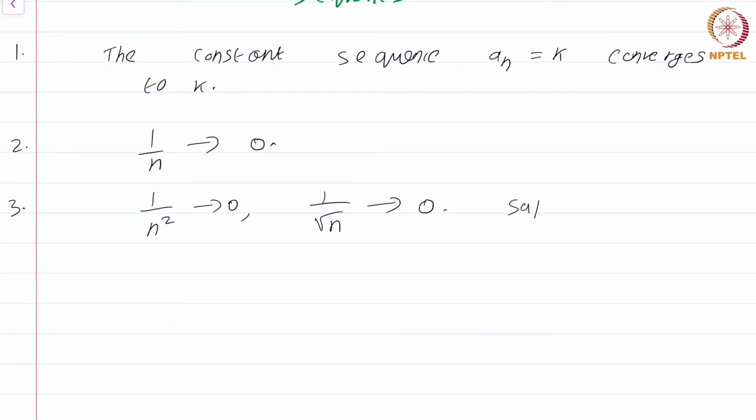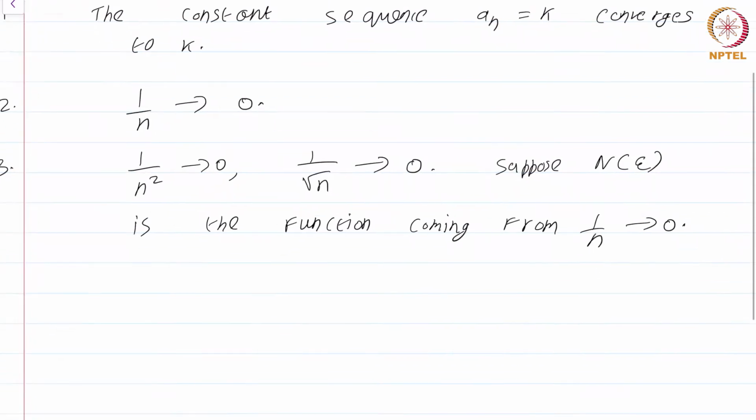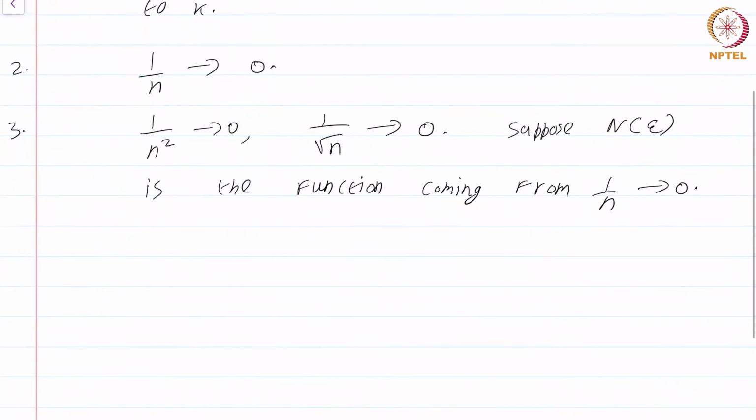Suppose n of epsilon is the function coming from 1 by n converging to 0. Since 1 by n converges to 0, there is a function n of epsilon that does what is needed in the definition of convergence.